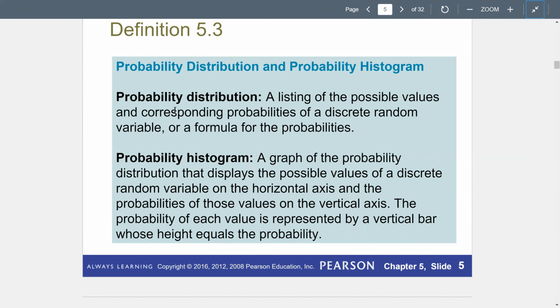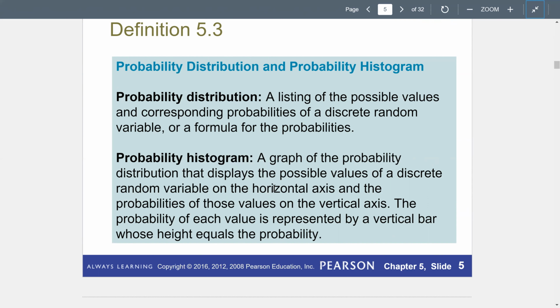Histogram is the most popular way of describing the distribution of your discrete random variable.